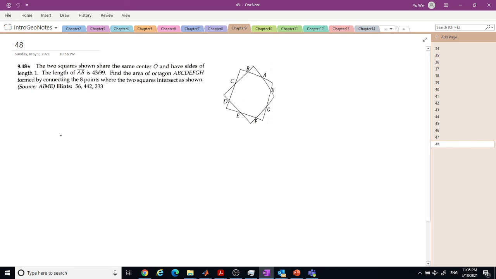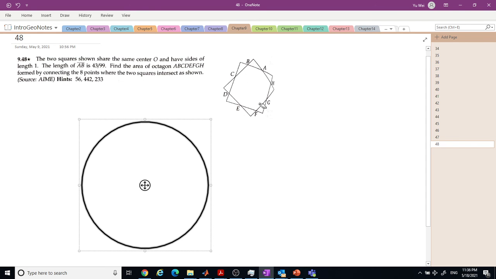So for the final one, we still need to draw a circle. Let me draw this to have a nice picture.